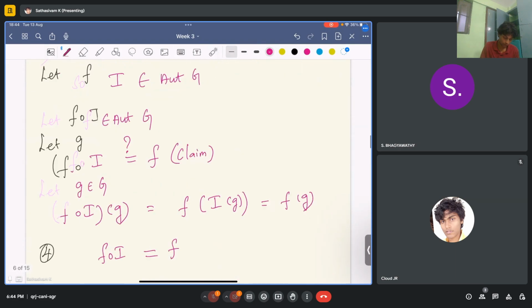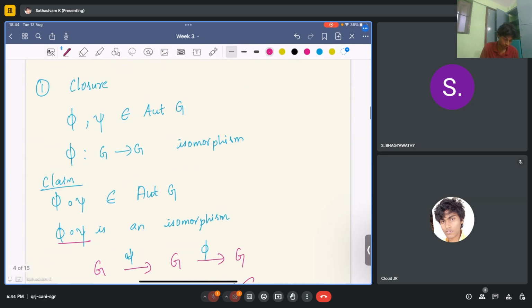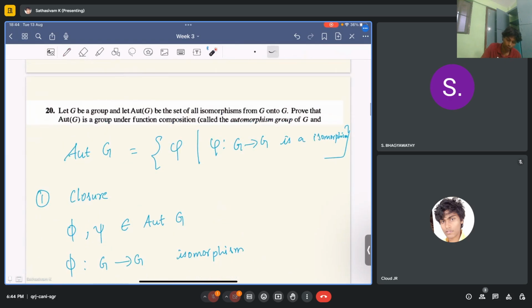So what we have shown is, if you look at the automorphisms, all four properties are satisfied. So the automorphisms form a group under composition. It's one of the very important groups, so studying the automorphisms of a group is very important. If you know some vector spaces, the matrices are basically the automorphisms.